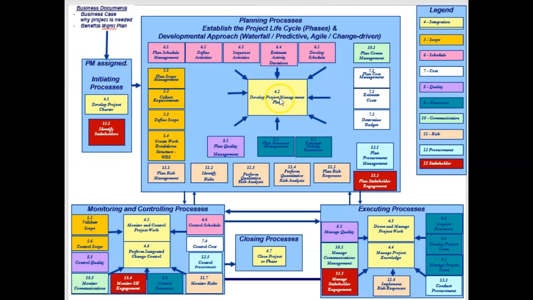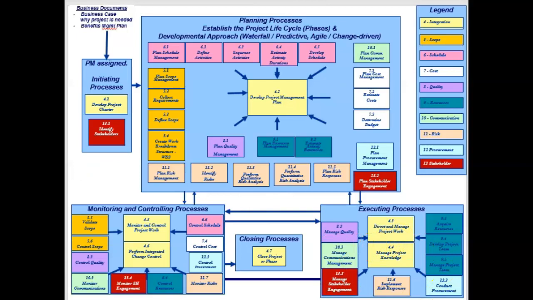In 4.2, develop project management plan. This process is going to help you manage all of the planning processes, etc. In executing, 4.3 and 4.4 are your processes in integration management. They are going to help you manage these other executing processes, etc.